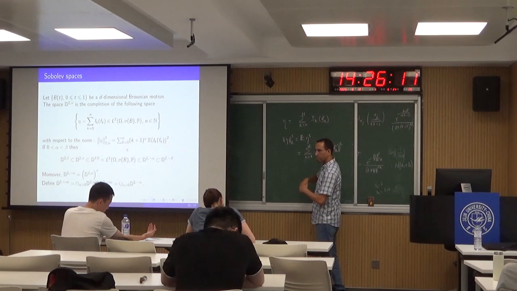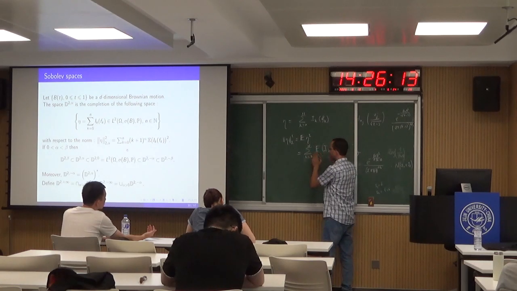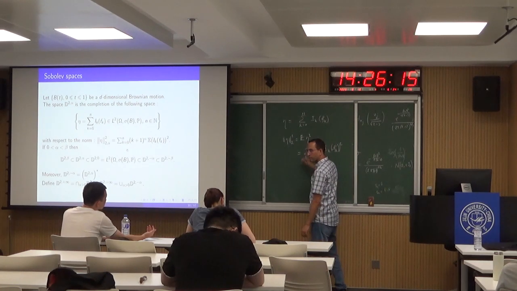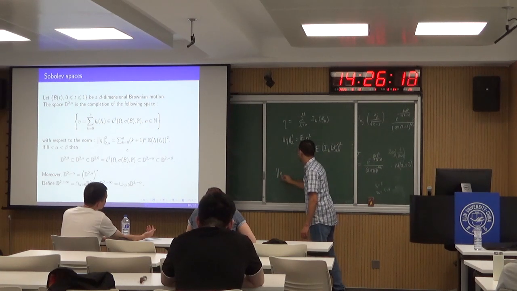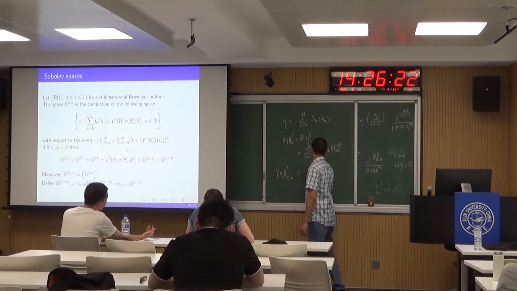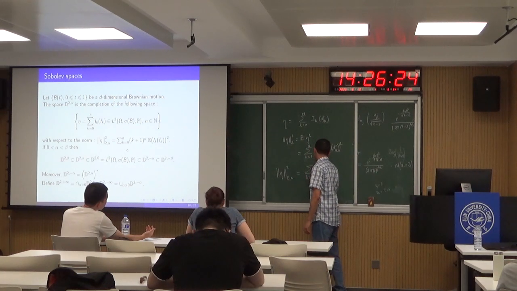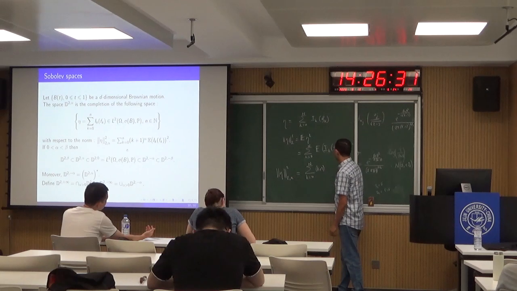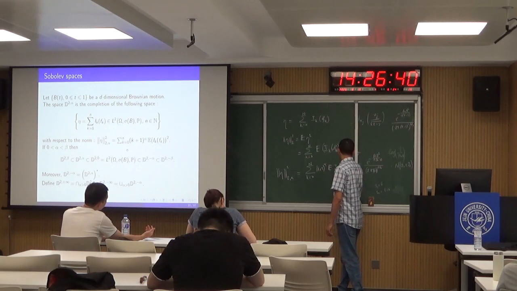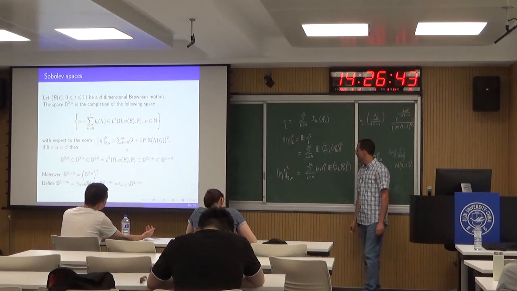We will define a new norm. We will modify this norm, we will multiply here by something. So this new norm 2 alpha will be the sum from 0 to n of k plus 1 to the power of alpha, and we will take the expectation of I_k of f_k squared.